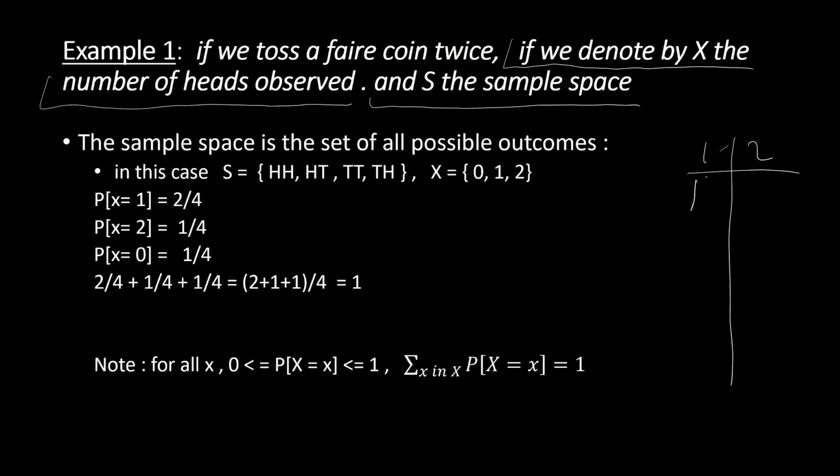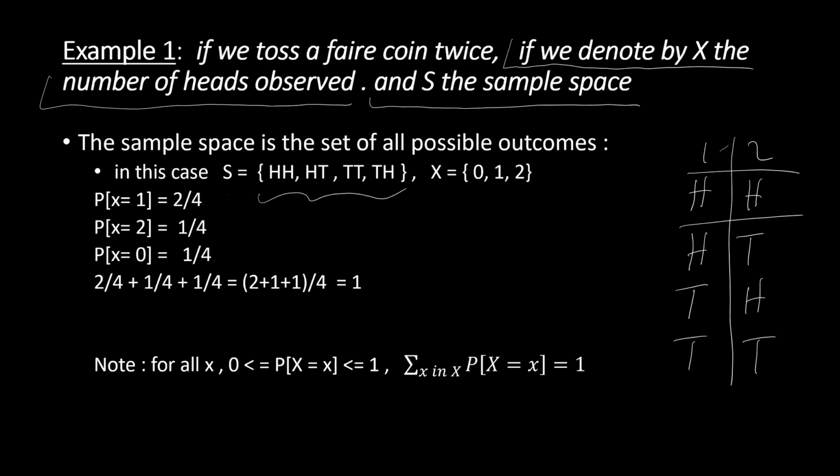You can get head on the first toss and head on the second, or head on the first and tail on the second, or tail on the first and head on the second, or tail and tail. That's the set of possible outcomes, which is the sample space.